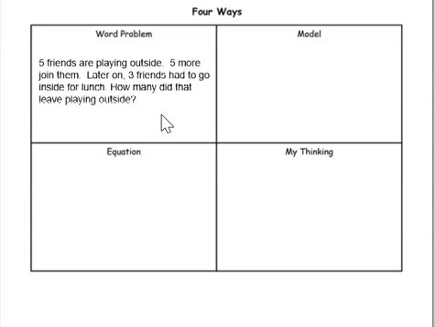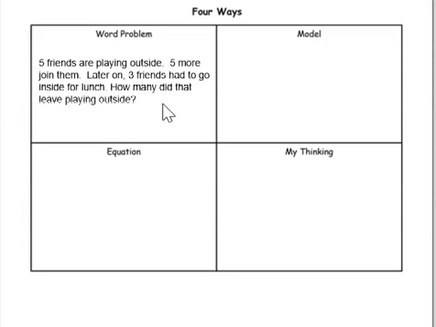That makes me think about recess sometimes, when we have more friends out there, but then one group goes in to have lunch. Really good to think about that in your head and imagine what's going on.